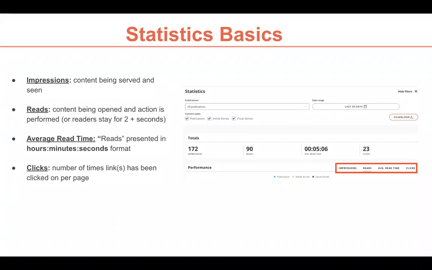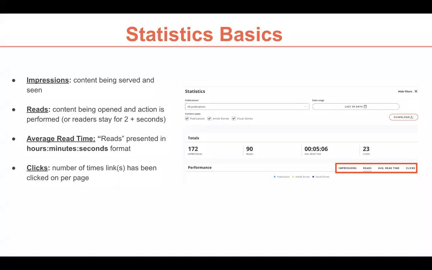Then every time the content is being served like this, it is counted as an impression. In contrast, reads are only being counted when the publication is being opened for at least 2 seconds. Someone stays there, or if they perform some sort of action, if they click on the pages, if they flip through the pages, if they zoom in. So then the impression is counted as a read.